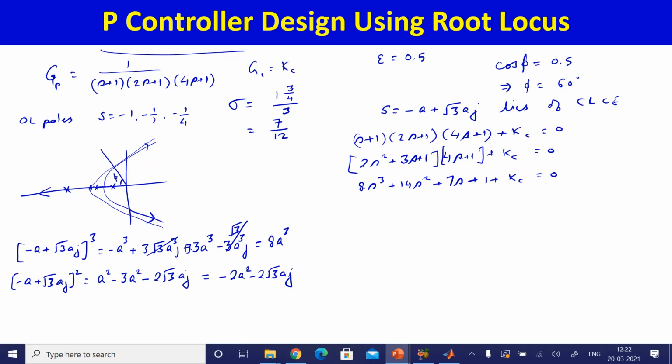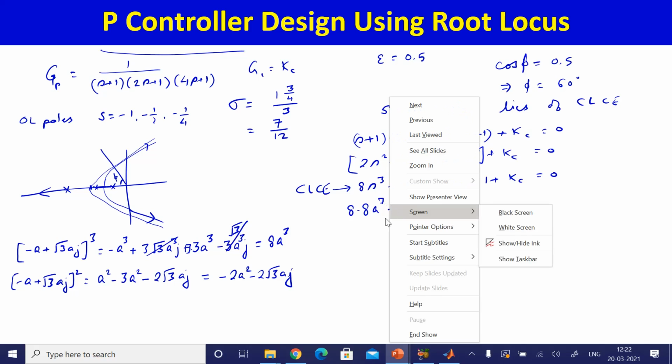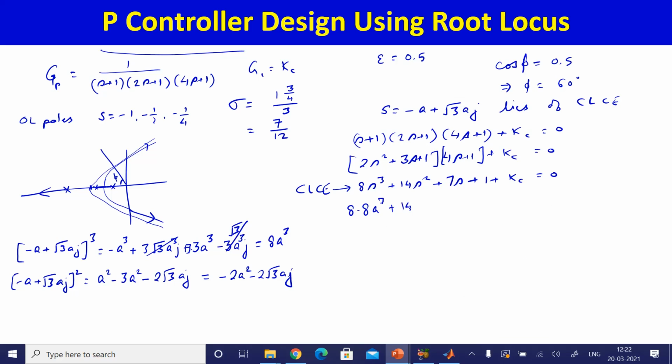And so if you put s equal to minus a plus square root 3 aj into the closed loop characteristic equation, then what you get is 8 times 8 a cube plus 14 times minus 2 a square minus 2 square root 3 a square j plus 7 into minus a plus square root 3 aj plus 1 plus kc is equal to 0.